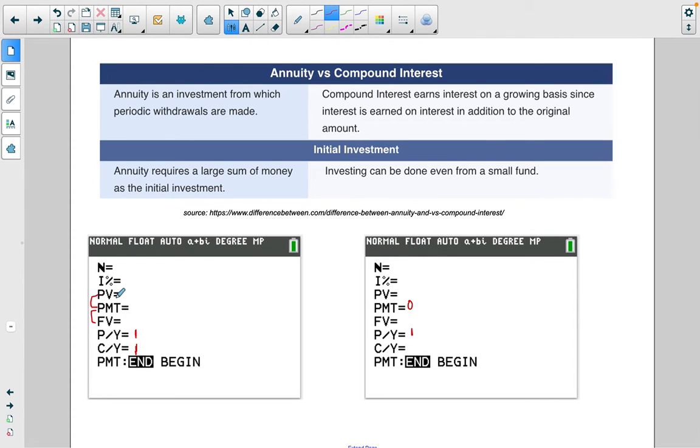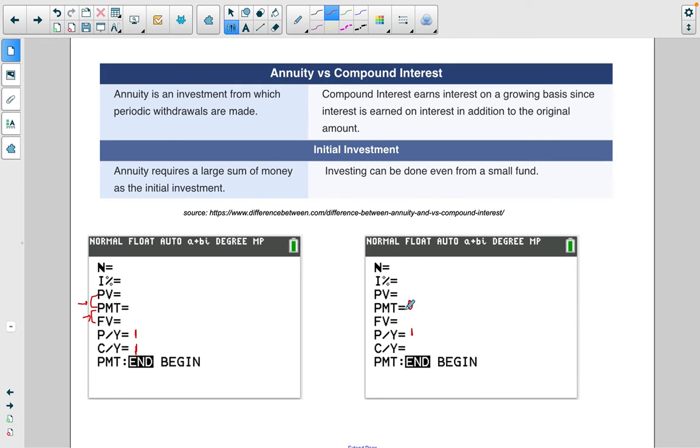Either they tell you the initial value is this, then you use the present value, or they tell you someone's saving up for a specific future value, so then you'll use the future value. So you'll only use either this pair or this pair. Either the PV or the FV will always be missing from your calculation. If it's missing, you just type in a 0 there.